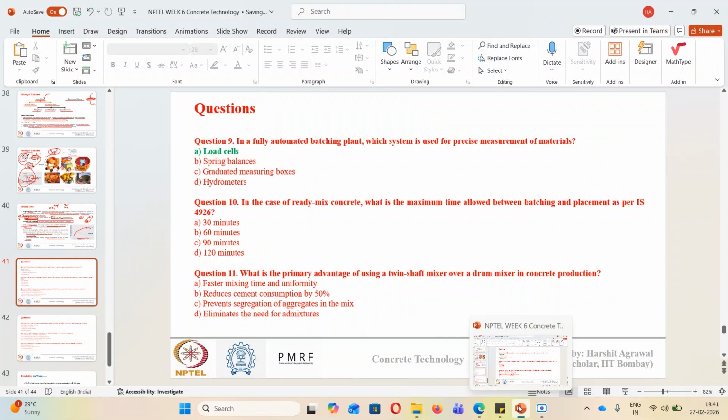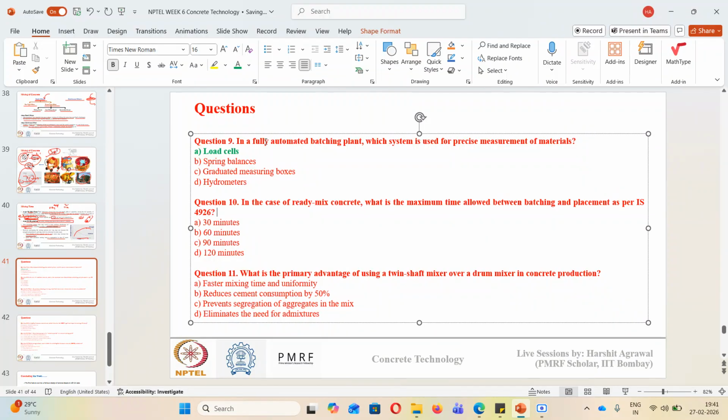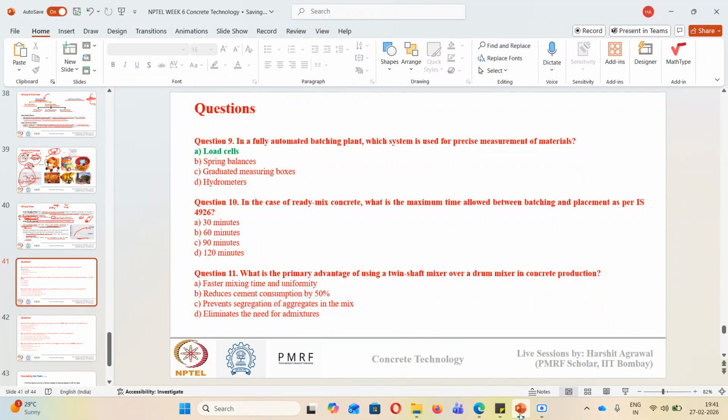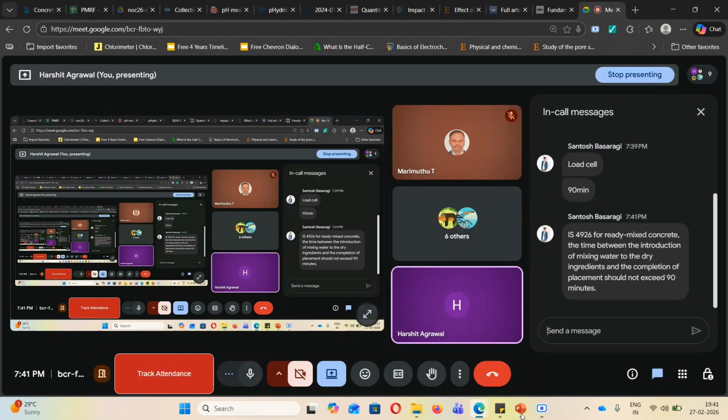This is more related to one clause in an IS code. There are a lot of IS codes present for different concrete types and different conditions. So this question comes from IS 4926, for ready mix concrete.